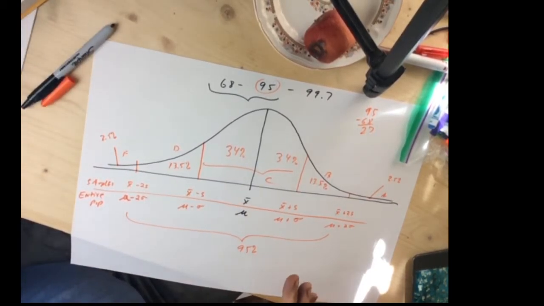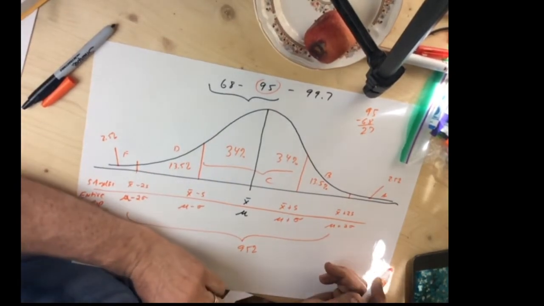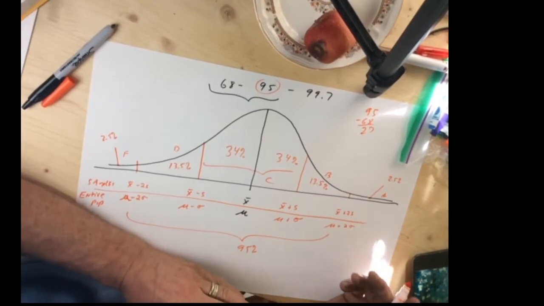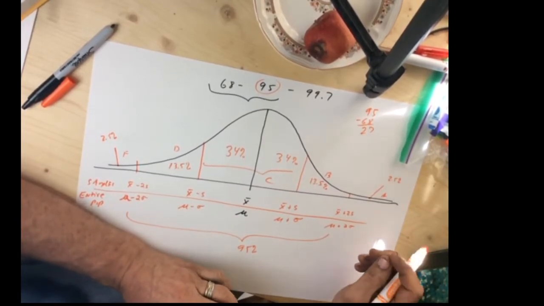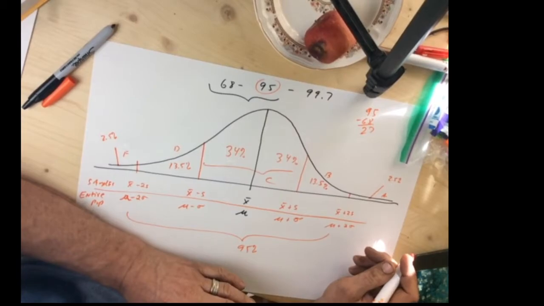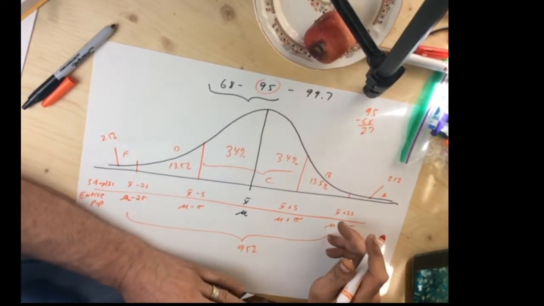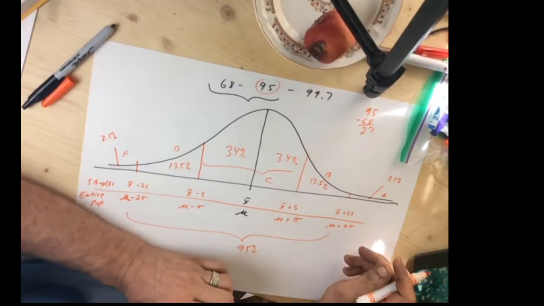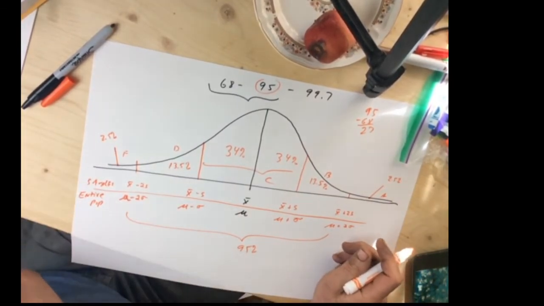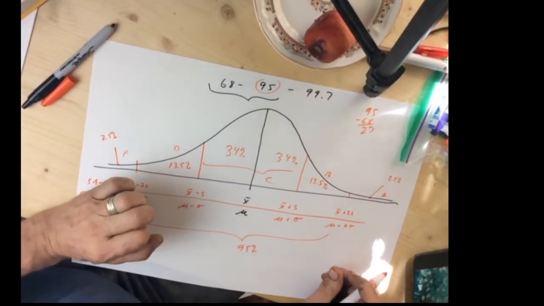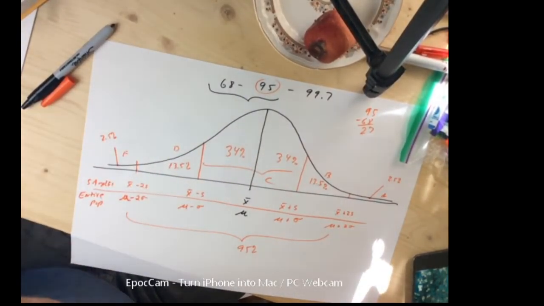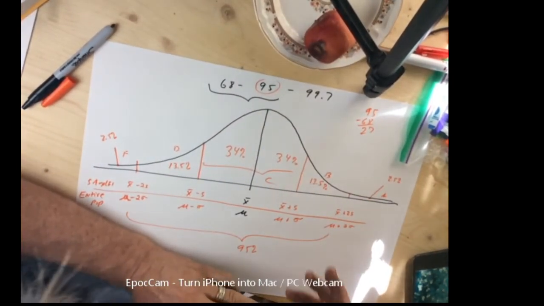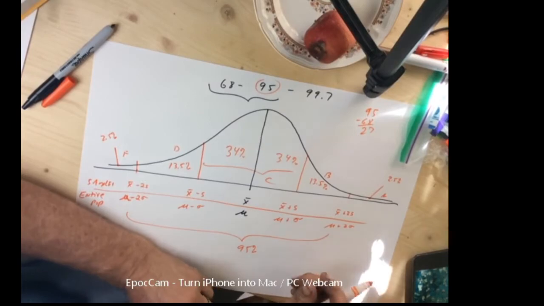Now, what is the reason that we do this? The reason is this curve is the dominant curve that happens when you measure almost anything in a homogeneous population. You measure Scandinavians, blonde, blue-eyed, their heights will be normally distributed, their weights will be normally distributed. It's amazing how powerful this is. You can go to Canada and measure German immigrants, and you get the same thing. Heights normally distributed, weights normally distributed.